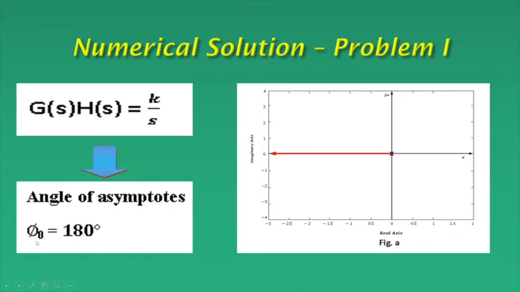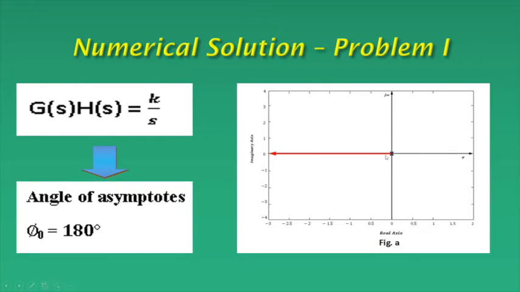Then if we consider q equal to 0, the angle of asymptote is equal to 180 degrees, and the number of root locus branches is equal to the number of poles. So only one root locus branch exists in the system. Then find the centroid of the asymptote. The centroid of the asymptote is equal to 0.